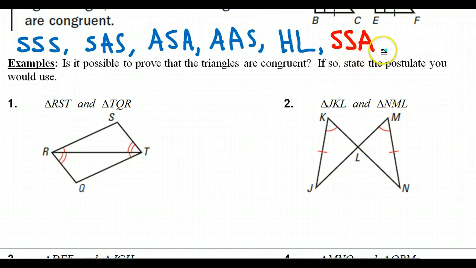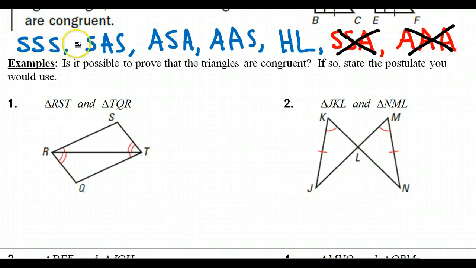That does not work. In a second I'm going to put a big X through it. The other one that does not give you congruent triangles is angle, angle, angle. Okay? So now let me go back and put a big X through those, because this does not work and this does not work. So I have 5 things that work and 2 things that definitely do not work.